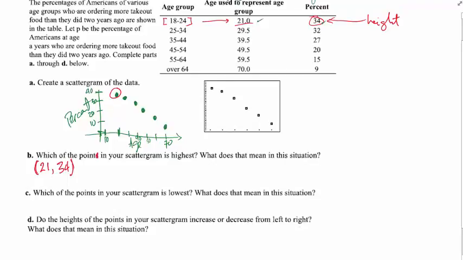Okay, so let's read the problem again. The percentage of Americans of various age groups who are ordering more takeout than they did 2 years ago are shown. So P is a percentage of Americans at whatever age group they have who are ordering more takeout than they did 2 years ago. So let's start with the percentage.